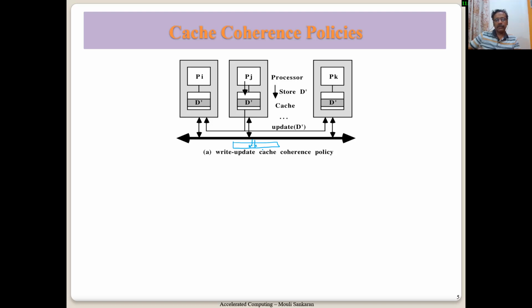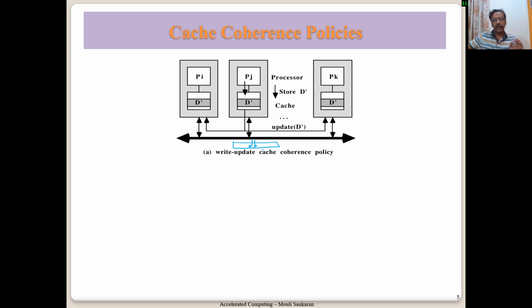In this situation, where you have multiple copies of the same data available on each of those private caches of those cores, how are we going to make sure that the data which is there in the main memory as well as in the multiple copies of those private caches are kept in coherence?